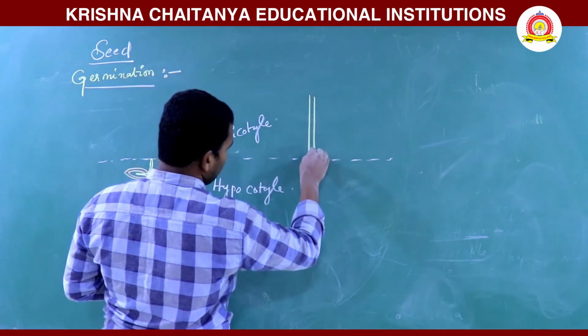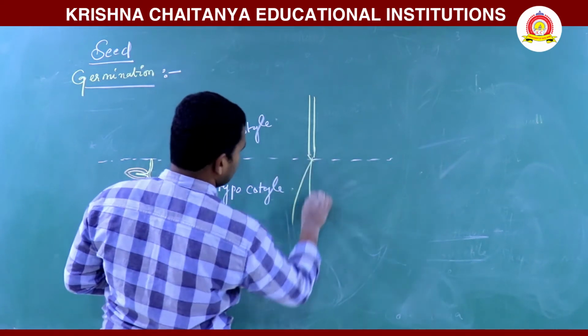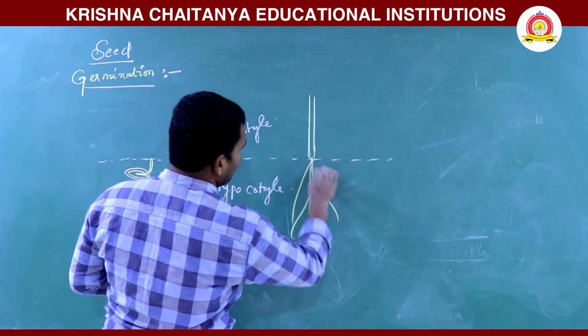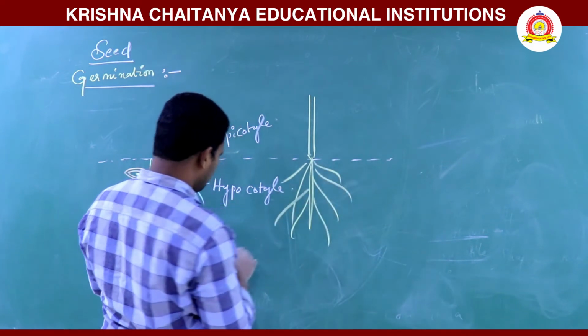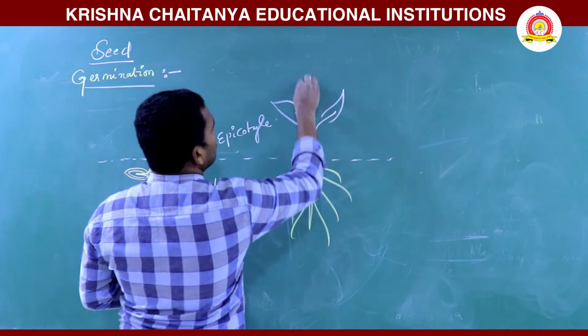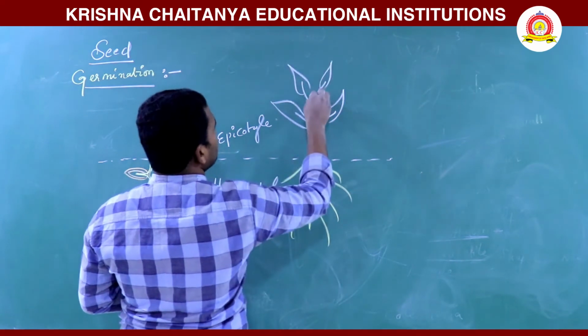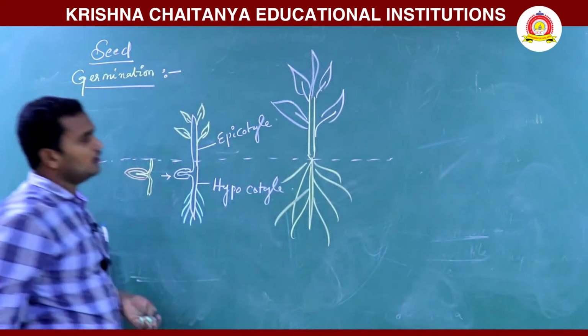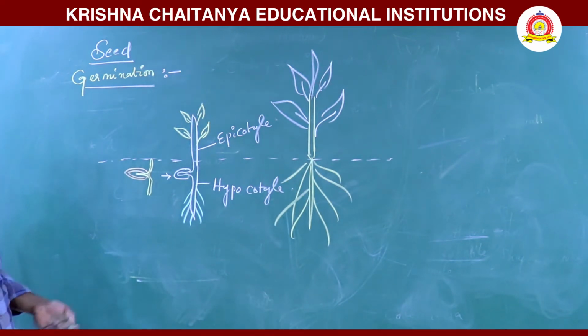Next, the seed will be completely germinated. It produces a root system, and also leaves, leaves and flowers, when it is fully mature.